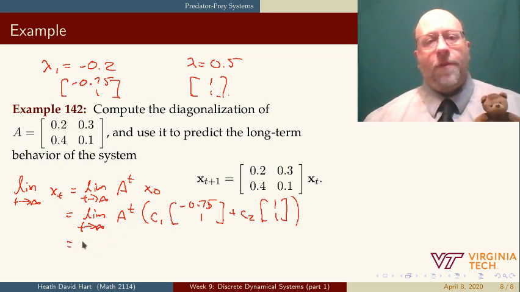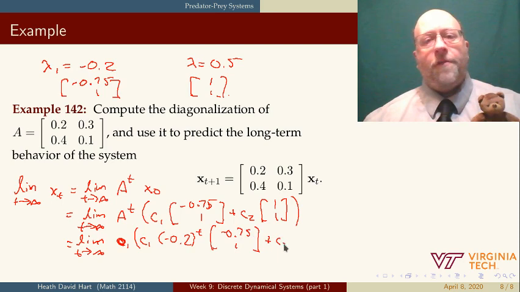I'm going to distribute the A^t and go ahead and replace the A with the lambda. So we get c1 times (negative 0.2)^t times (negative 0.75, 1) plus c2 times 0.5^t times (1, 1).